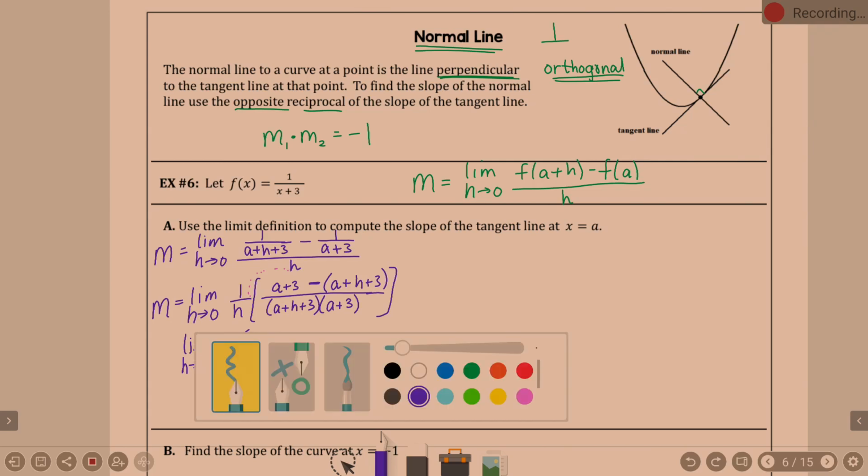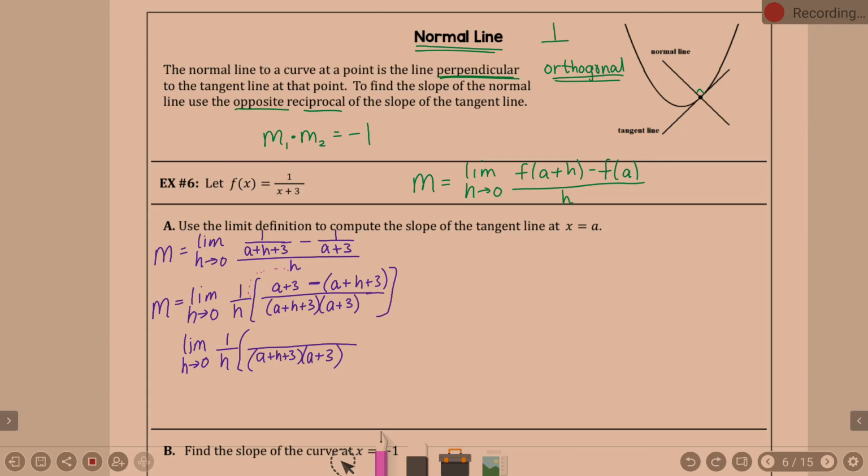The a's and 3's cancel. Can you guys get on board with Tate? The a's and 3's cancel? Because it's going to end up being a minus a and 3 minus 3, which means what's left on top? H. Negative h. Wait, yes. I agree with Augie. Are you guys with him? Negative h? Because you were subtracting h, yes?